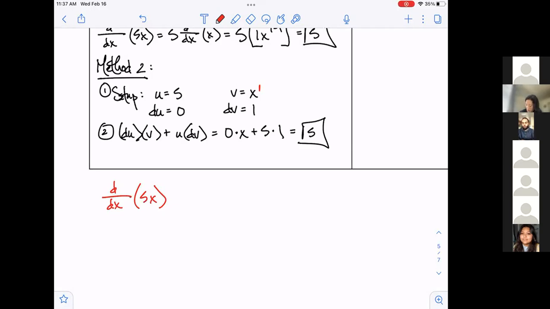And we learned that the derivative of 5 is 0, and the derivative of x is 1, so 0 times 1 gives you 0. For the student who was unable to stay for the second half of class, what did they miss? What made them make this mistake?